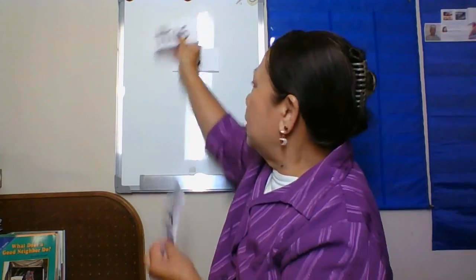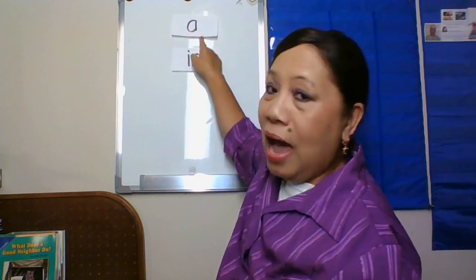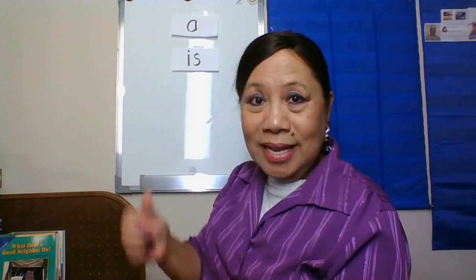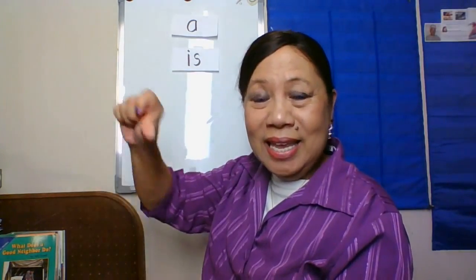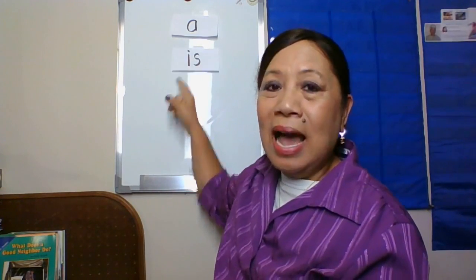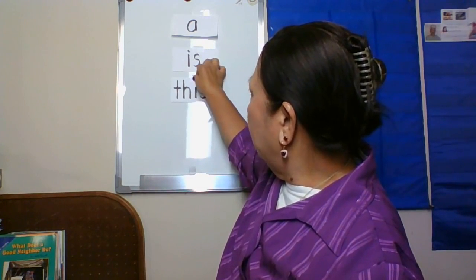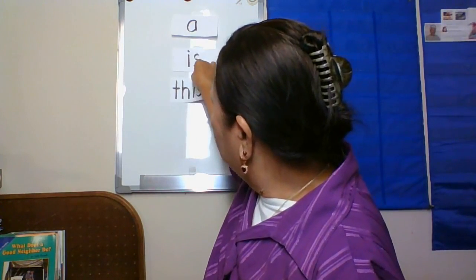So we will switch. This goes first, and then I. Is there a word that begins with letter B? No. C, D, E, F, G, H, I. Yes, I see a word that begins with letter I, and that is is. Now, what's the last word? This. Very good. Now you have all your frequency words in alphabetical order.